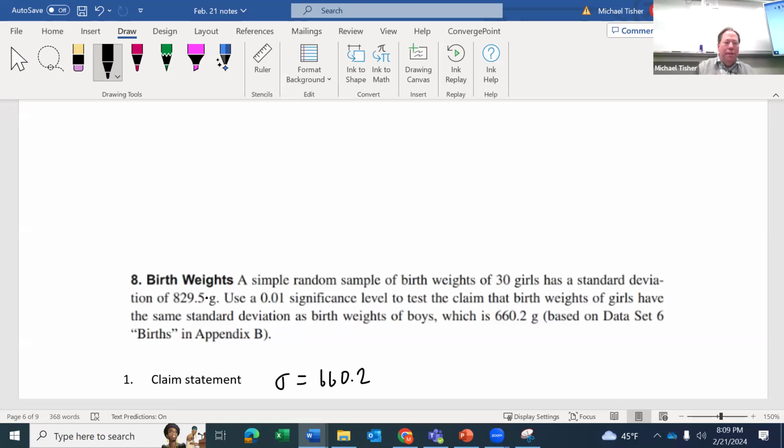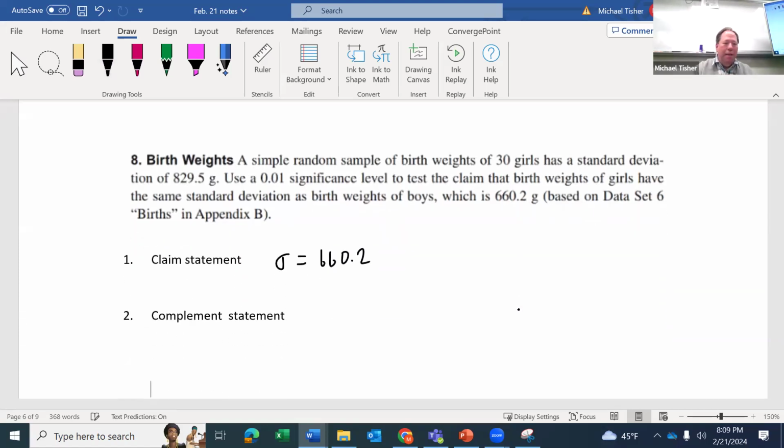So here it says we have a simple random sample of birth weights of 30 girls with a standard deviation of 829.5 grams. This standard deviation of 829.5 is the standard deviation of the sample, right? But we don't want the sample standard deviation for the claim. We want the population standard deviation. So it must be the other number, which is 660.2. That's why it goes there.